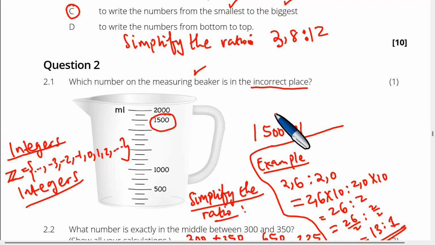Is it 9 to 16? Let's check. Okay, you might be right.